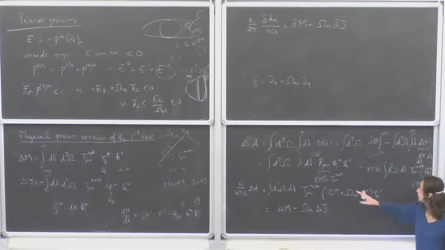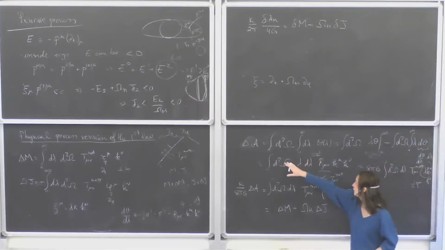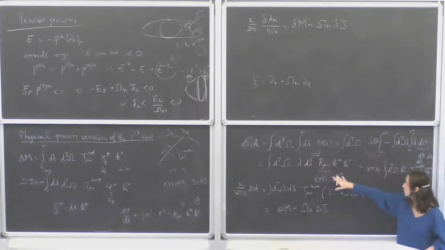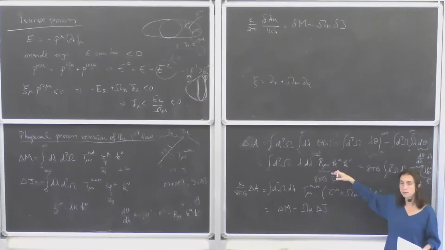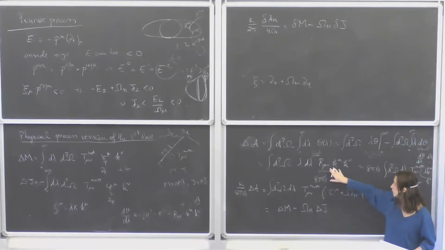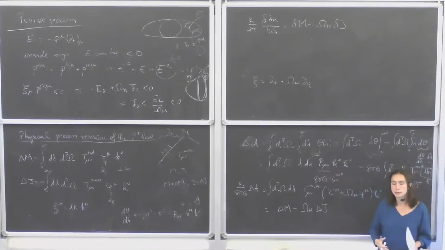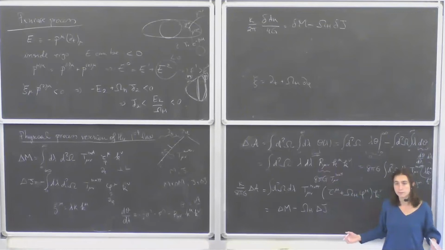Very good. So if you look at this, then you see that you have this term over here, and then if you use the Einstein equation and you're imposing that the matter satisfies the null energy condition, which basically implies that this term is positive, then you basically get that the area of the event horizon can only increase. Okay.